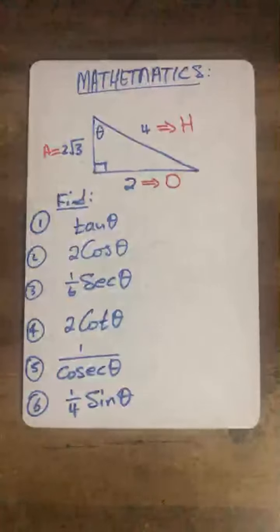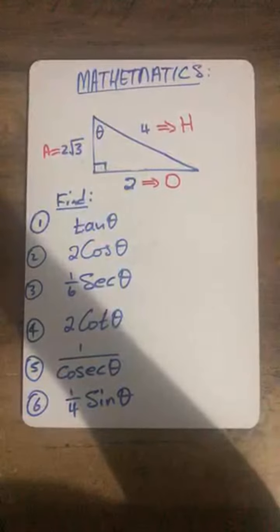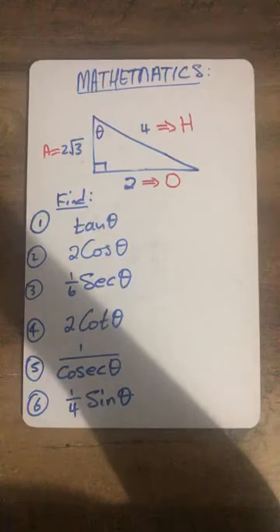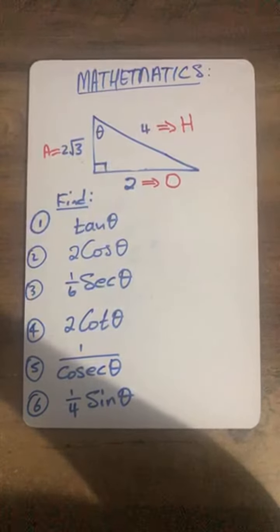Let us see. What is question number 2? Someone says 2 square root of 3 over 2. Okay, that makes sense. Mixed up the adjacent with opposite.